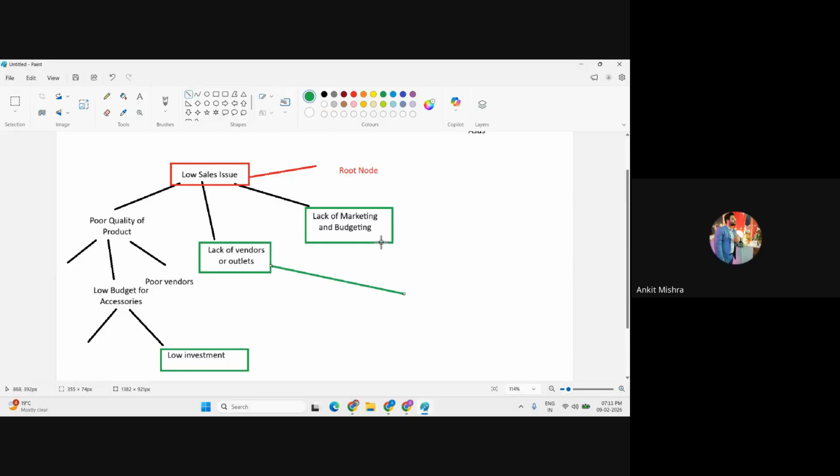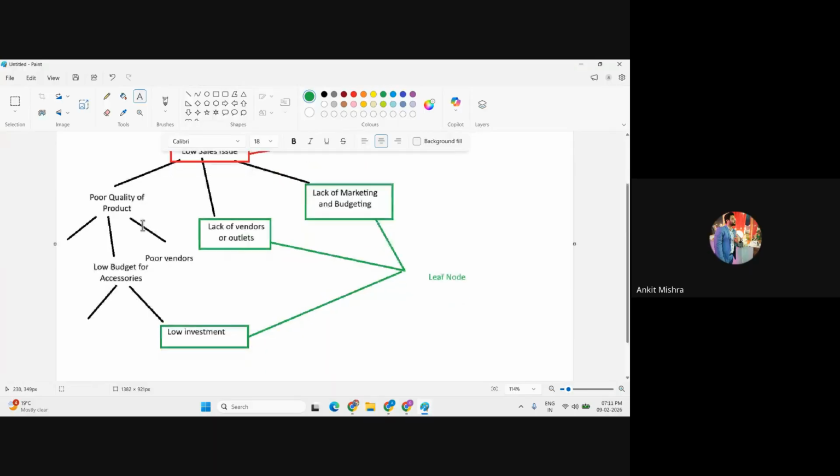This one, that one, and this one also. Why are we considering this a leaf node? Because this one is the final answer node, right? So if we are creating any decision tree kind of structure, the first node is generally referred to as the root node, and the last node is generally referred to as the leaf node, right?